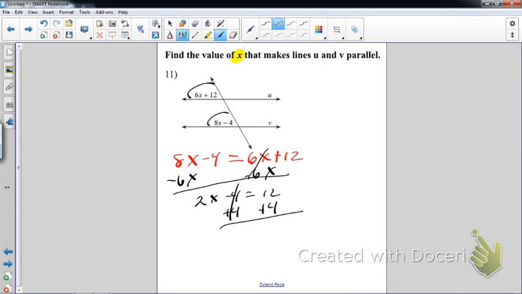That simplifies, and then I end up with 2x is equal to, remember this is plus 4, and it ends up to be 16. So all I have to do is the division property of equality, and I end up that x is equal to 8. And now remember, the instruction said what is the value for x? X for us is simply 8, which is perfect.